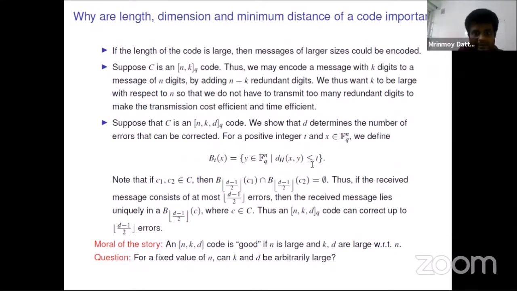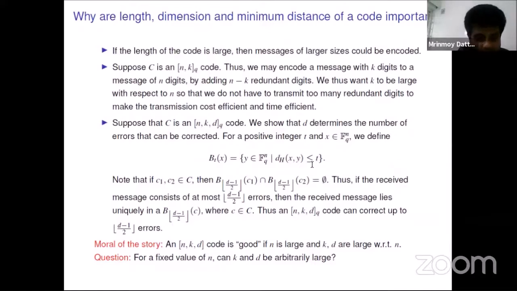First, we take a positive integer t and a point x in F_q to the power n. We define a neighborhood, a ball of radius t. In the usual way, you take B_t(x) to be the set of all y in F_q to the power n such that d_H(x, y) is less than or equal to t.